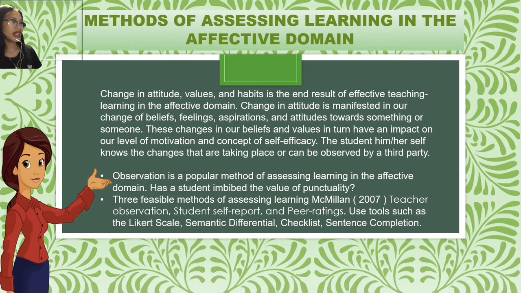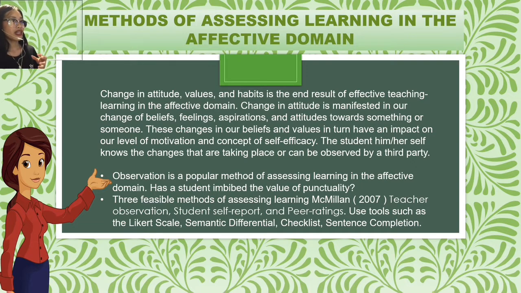Next, observation is a popular method of assessing learning in the affective domain. Has a student imbibed the value of punctuality? One way to know is to observe if he or she comes to school on time.